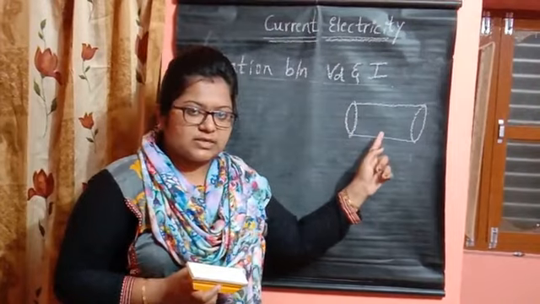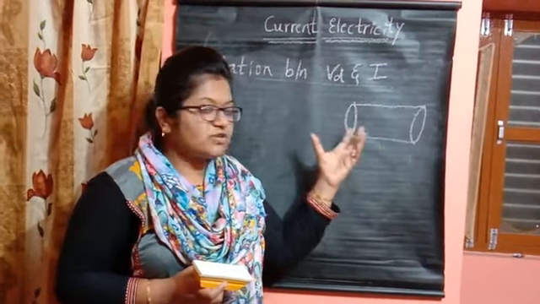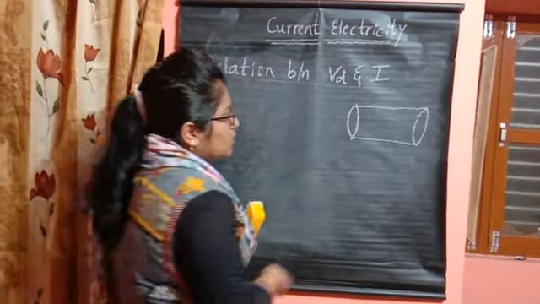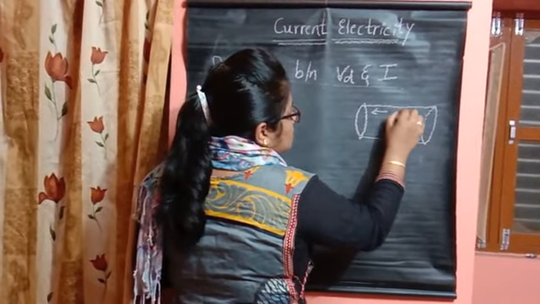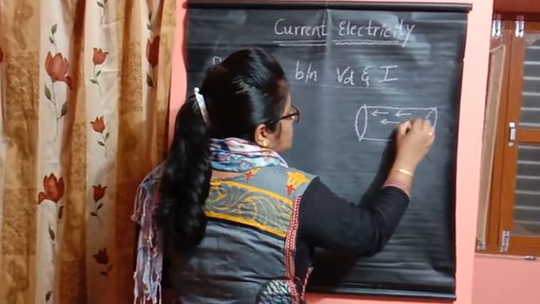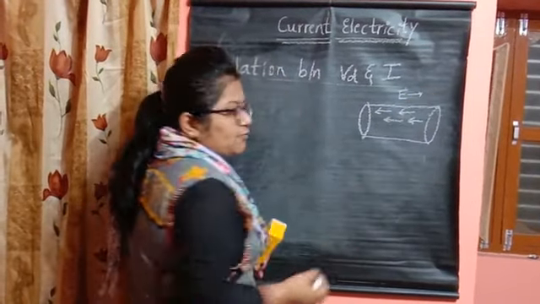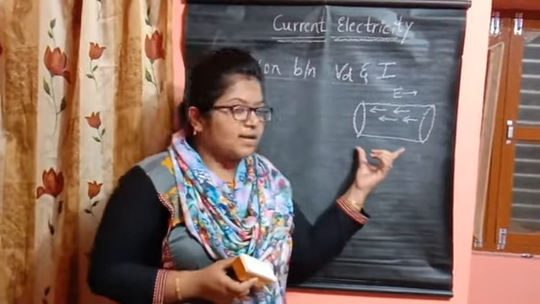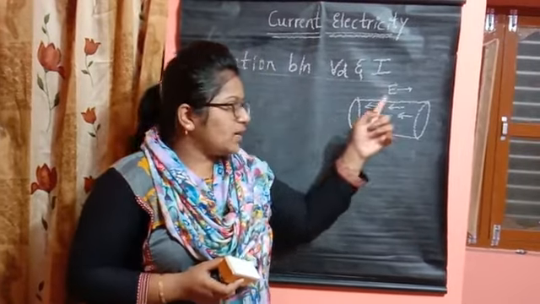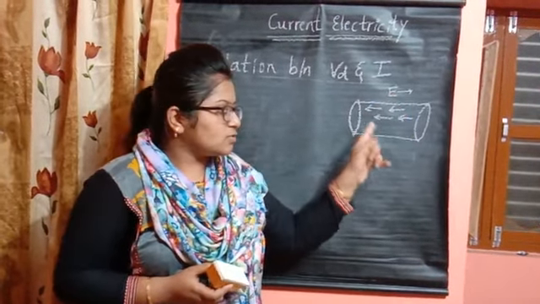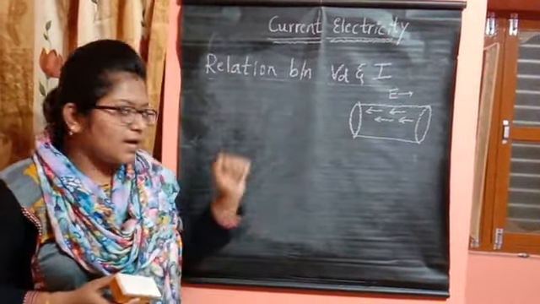Current is moving means electrons are moving, in a direction opposite to the applied electric field. So if you are saying this is a current carrying conductor, there should be an electric field. That's why we are considering a current carrying conductor.